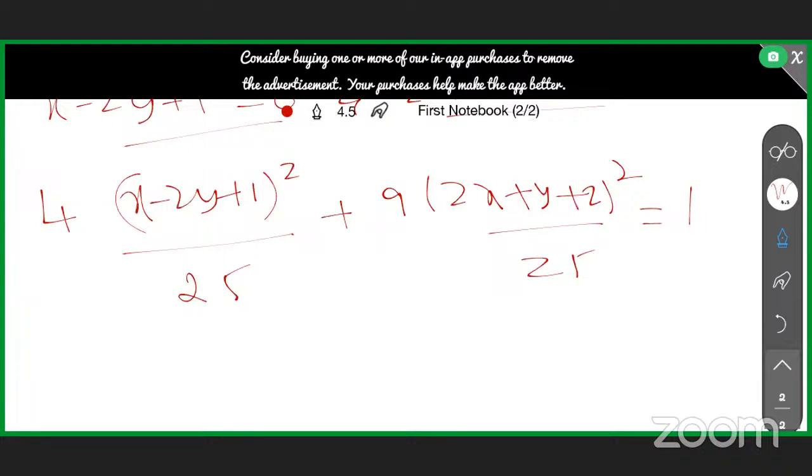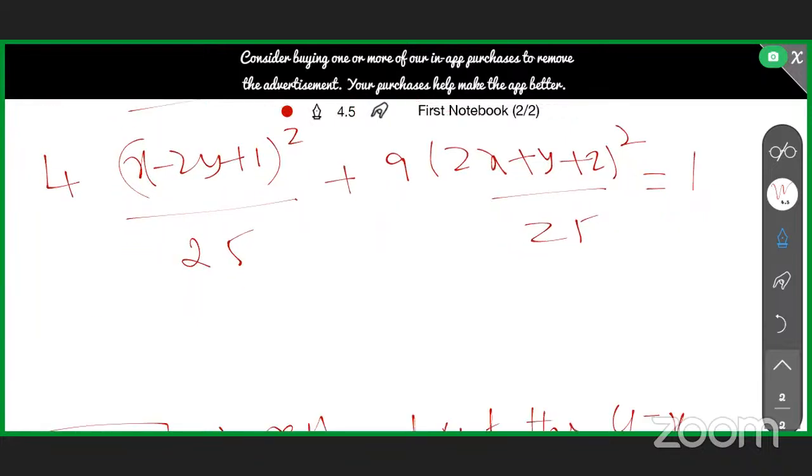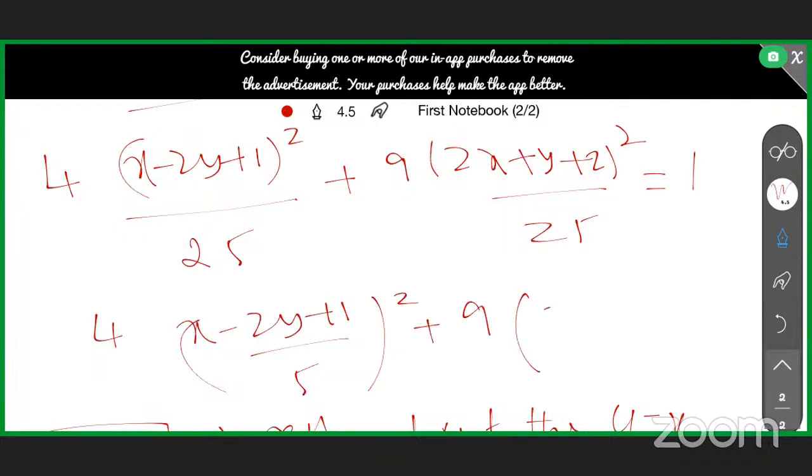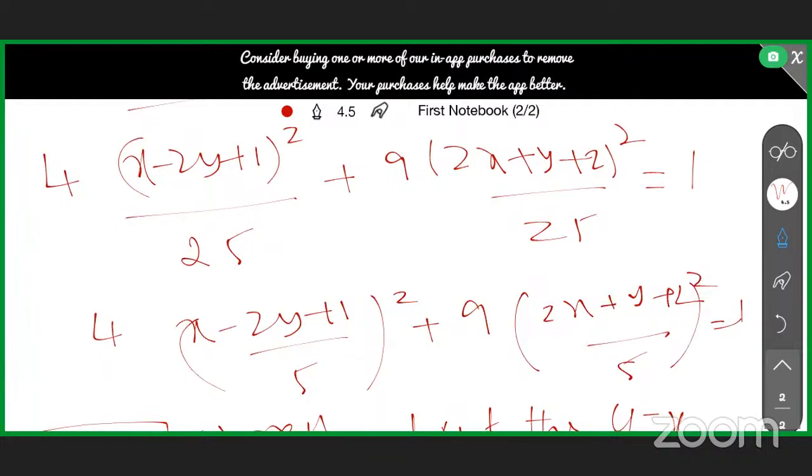To take the thing common, now it becomes 4 into ((x - 2y + 1)/5) whole square plus 9 into ((2x + y + 2)/5) whole square is equal to 1.